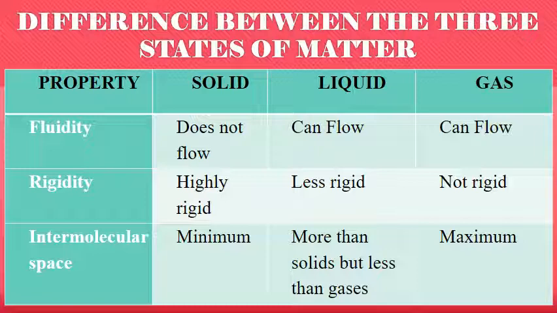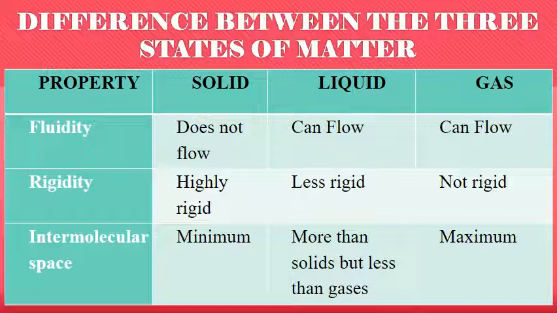The next property, intermolecular space. The intermolecular space means the space between the particles of a molecule. The intermolecular space in solids is minimum. So the particles are very close to one another, and the intermolecular space in solids is very minimum.